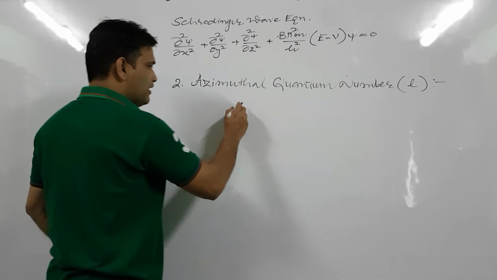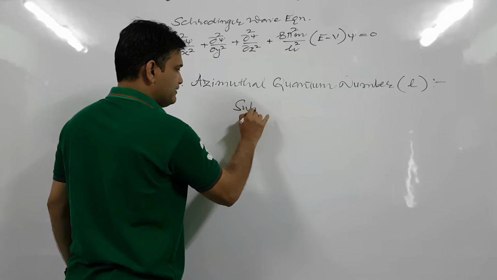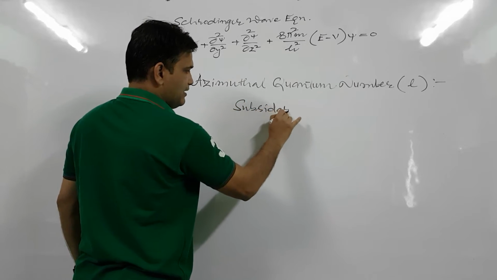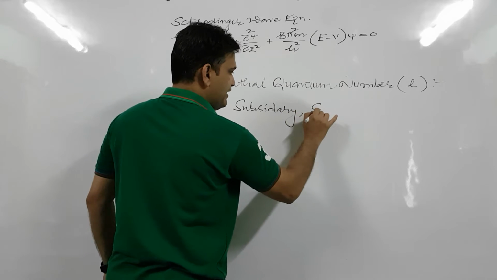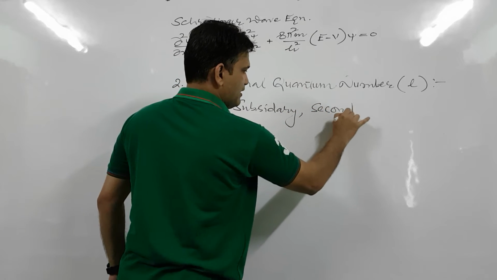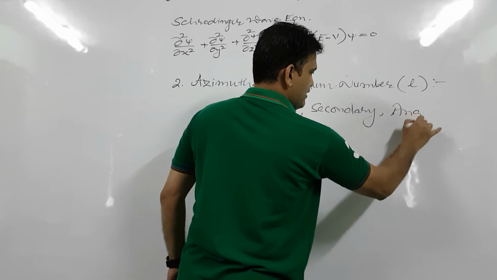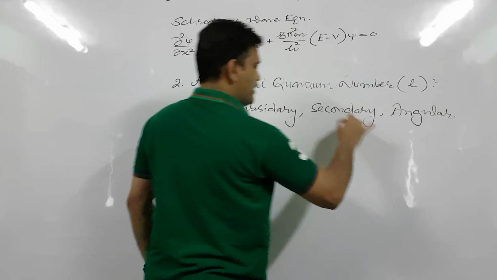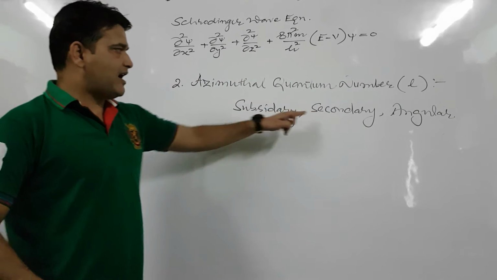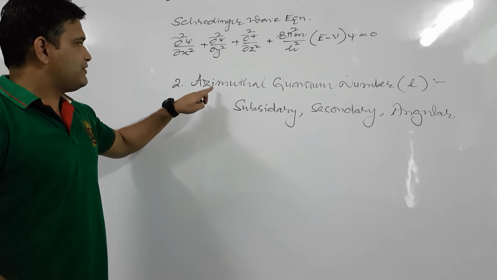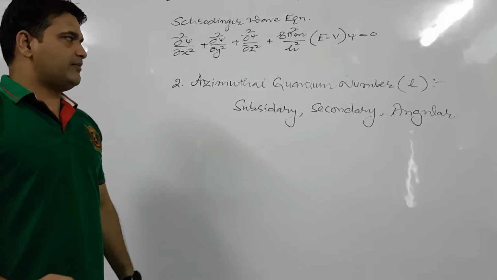It is also called subsidiary, secondary, or angular quantum number. These are the other names of the azimuthal quantum number.